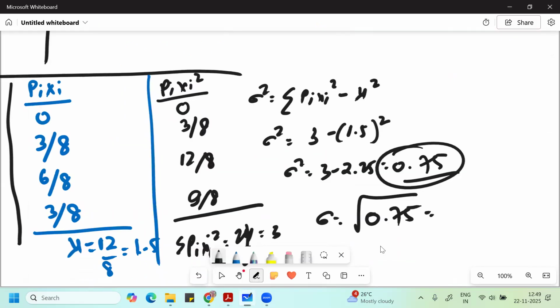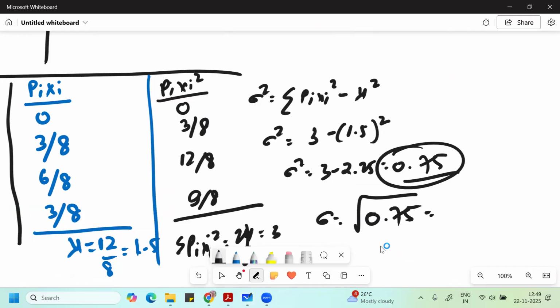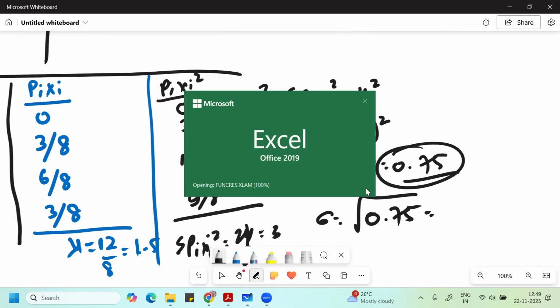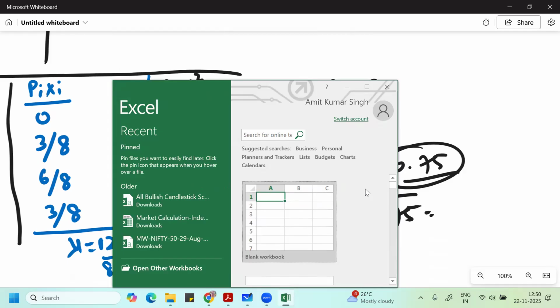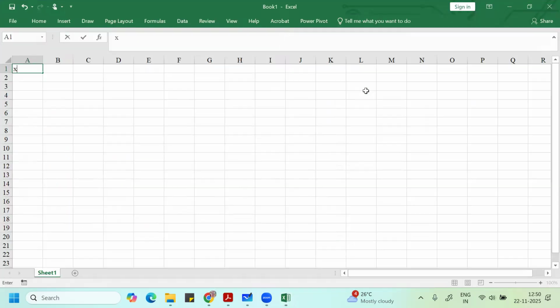Now, if you see this question, a random variable has the following probability distribution. So these are the x values given to us. Let me do it in Excel. X value and then probability of X value.